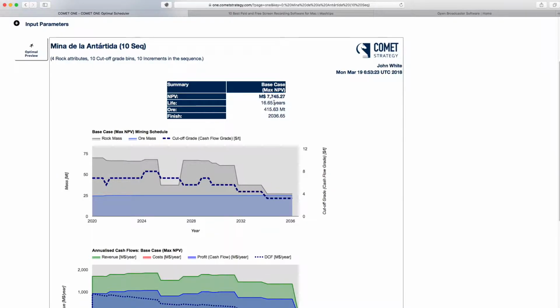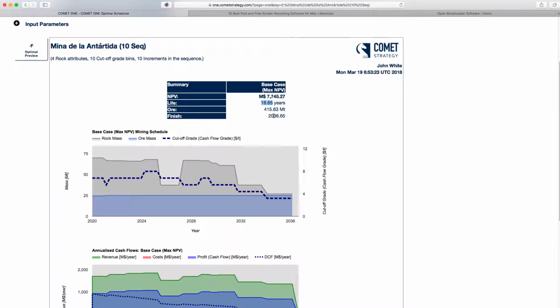The net present value is the best proxy for measuring shareholder value, so that's why we've put it at the top. Now, the life is also quite an interesting little metric. It's not as important as the net present value, but it's amazing how you can see into what's happening in the schedule by looking at the mine life.